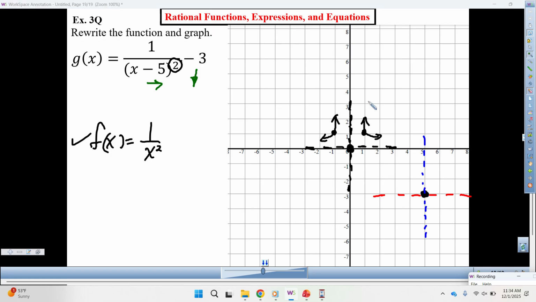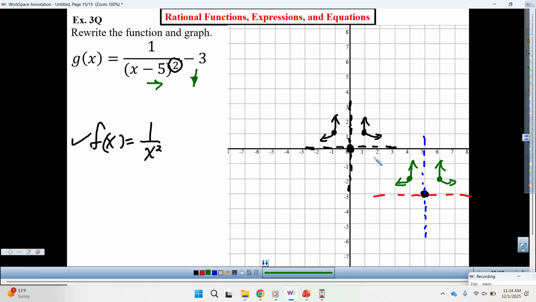We, 4, negative 2. 6, negative 2. Hands, have you got that? That is correct. So basically, we just moved this over here.